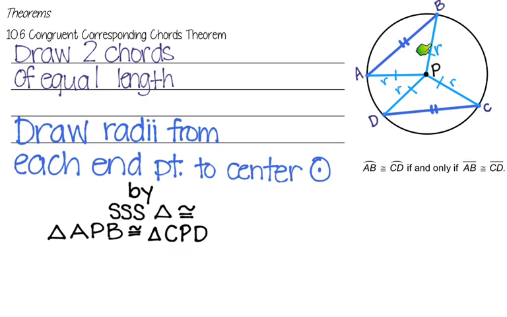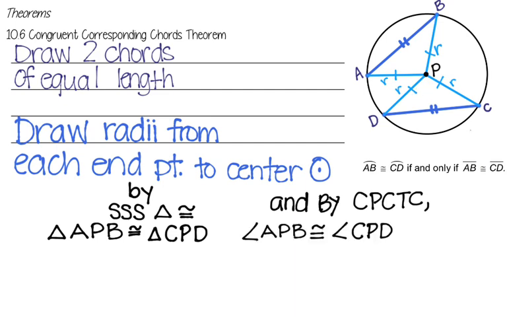And because they're congruent triangles, by corresponding parts of congruent triangles are congruent, by CPCTC, this angle here corresponds to this. They're not vertical angles, but they're corresponding in congruent triangles, and therefore those two angles are congruent.